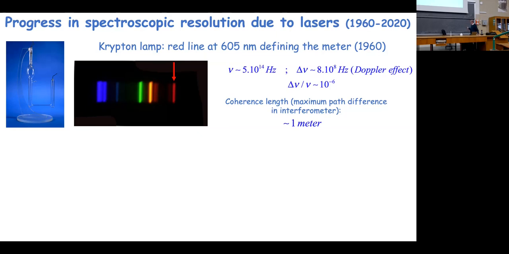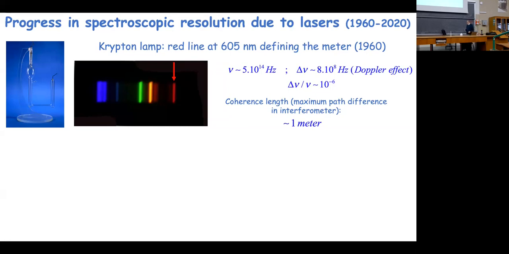What were the orders of magnitude? The frequency is about 5 times 10 to the 14, but the width of the transition was about 1 gigahertz because of the Doppler effect, because the krypton atoms in the lamp were moving in all directions. So you see that the quality factor, delta nu over nu, is only 1 part in 10 to the 6.